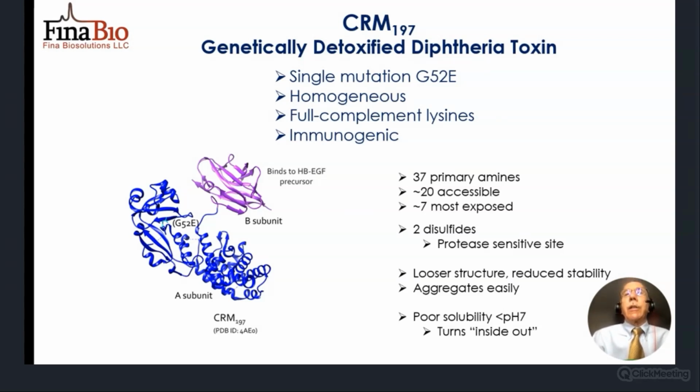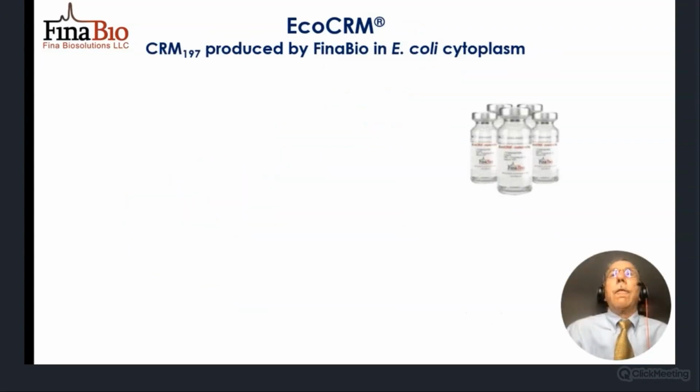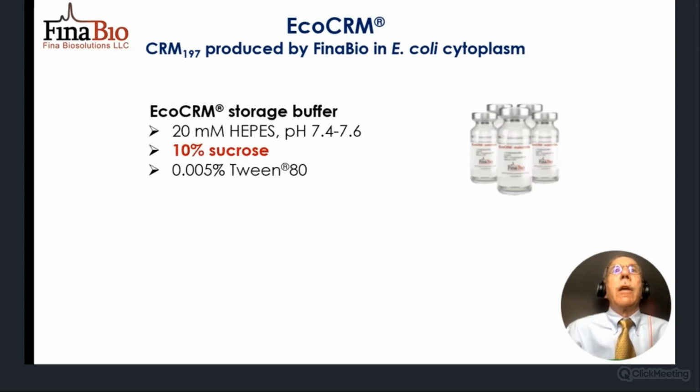Under acidic conditions, the protein will sort of turn itself inside out and begin to aggregate, just like the diphtheria toxin. Fina Biosolutions produces CRM197 in the E. coli cytoplasm. We call it EcoCRM, both because it's produced in E. coli and also because it is one of the most economically priced CRM197 on the market.